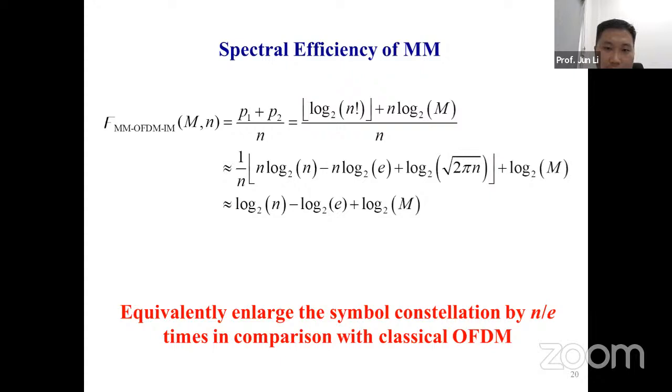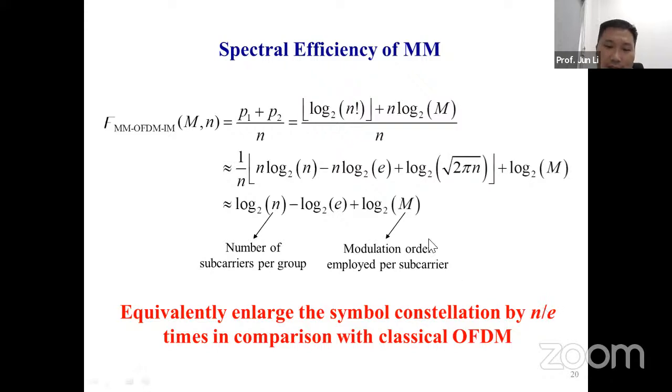So from this part, compared to the conventional OFDM scheme, the first two parts are the increase of the spectral efficiency compared to the classic OFDM. So from this equation, we will see that the BER performance of the MM OFDM-IM will be better than the conventional OFDM.